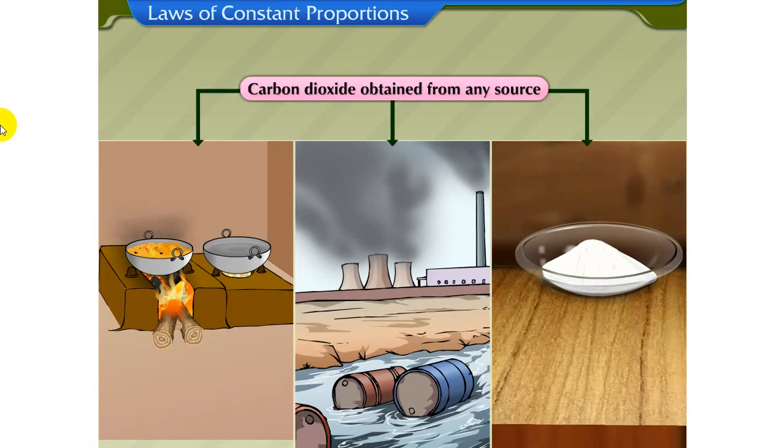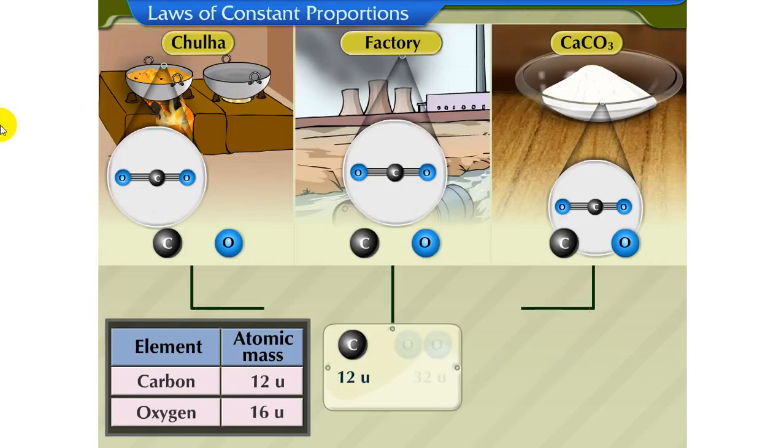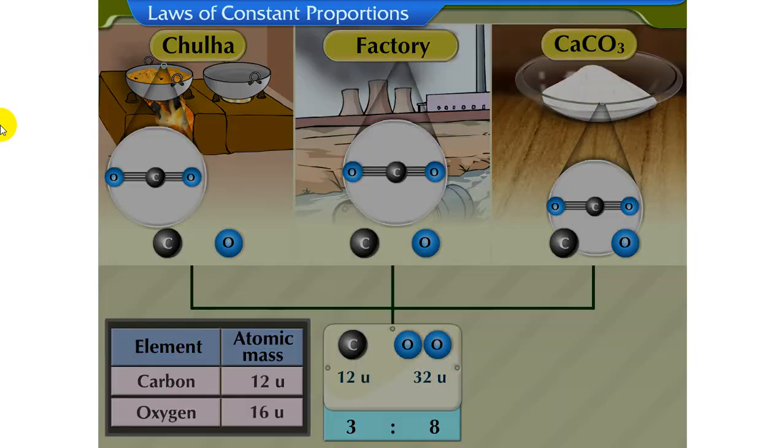Similarly, carbon dioxide obtained from any source will contain the same two elements, carbon and oxygen. Carbon dioxide obtained from any source will always have the proportion of carbon and oxygen as 3:8 by mass. Let us study some more examples.